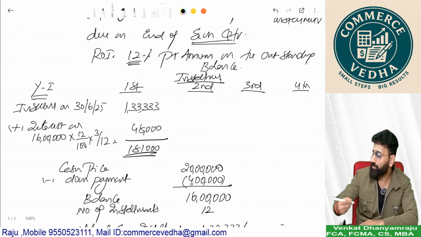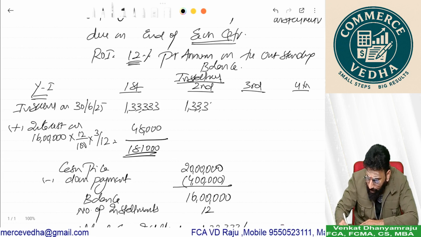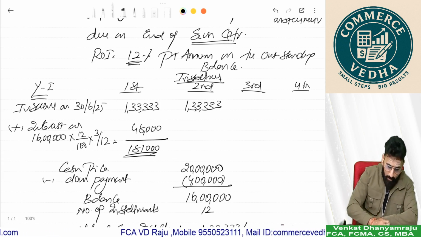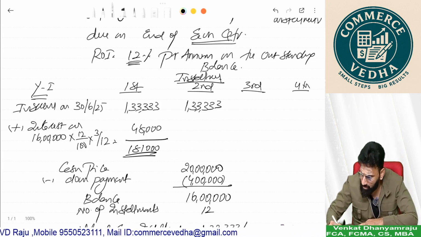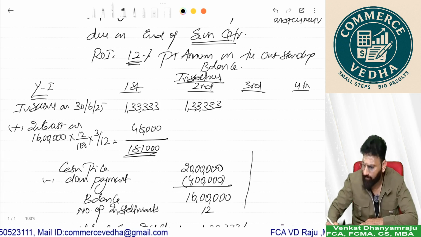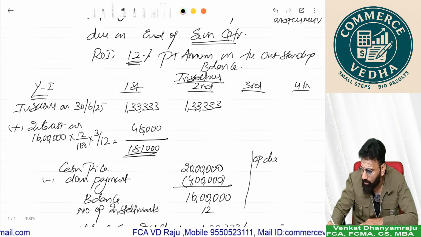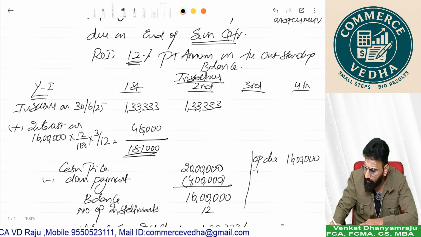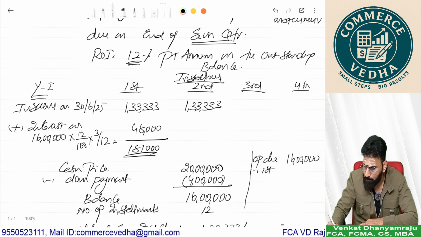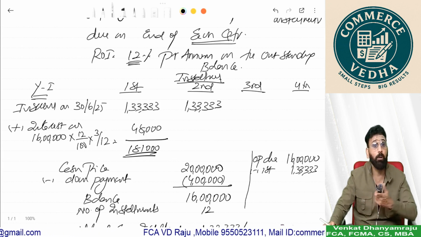Now when it comes to second installment, principal is same, 133,333. However, the interest will change here. How it will change? I'll show it here. Opening due 16 lakhs minus first principal paid 133,333 principal paid.